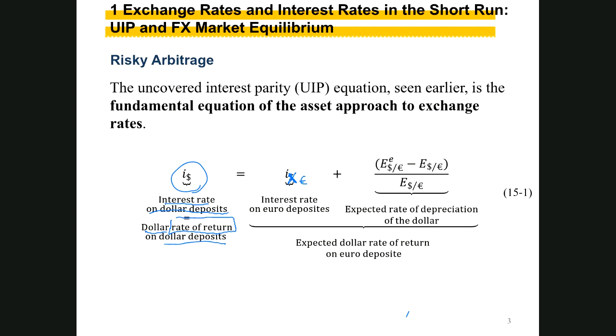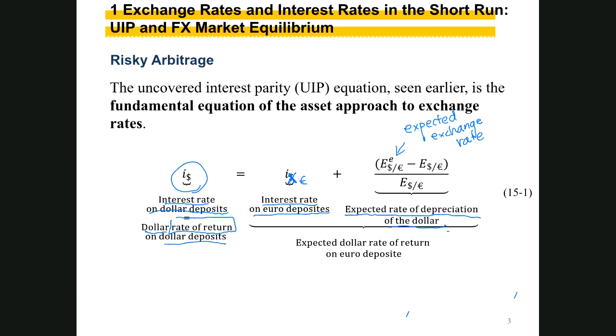And then I euro is the interest rate on euro, right? And here the last term is the expected rate of depreciation on the dollar. Remember, this is the expected exchange rate. This is something I don't know, but this is the expected exchange rate in the long run.